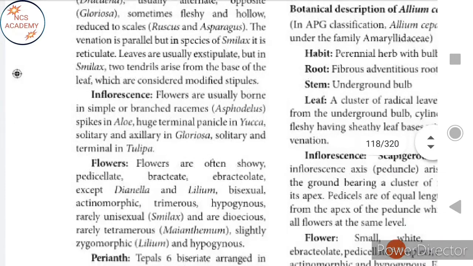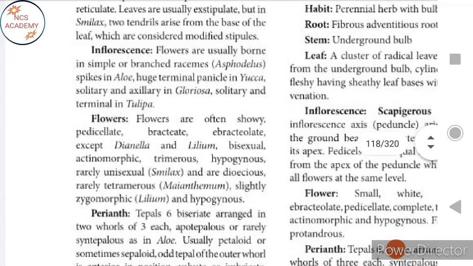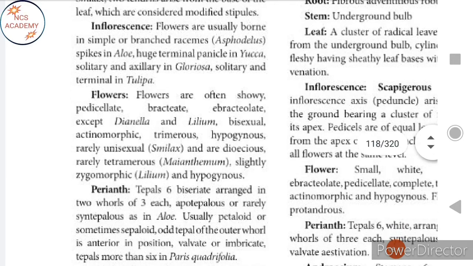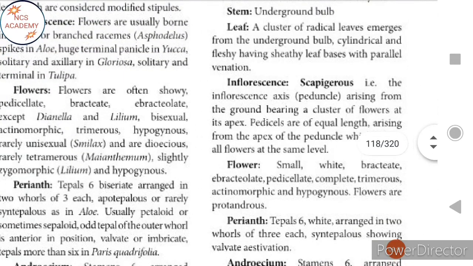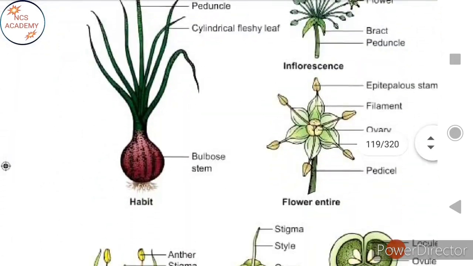Inflorescence type, floral characters. First floral characters, whether it is bracteate or ebracteate, bracteolate or ebracteolate, bisexual, pentamerous, and whether the ovary is superior or inferior. You have to write these characters and compare them. Likewise calyx, corolla, androecium, gynoecium, and fruit and seed. These are the characters by which you distinguish both Solanaceae and Liliaceae.